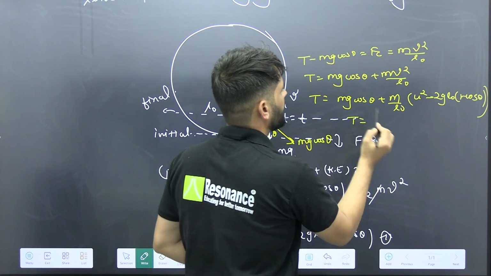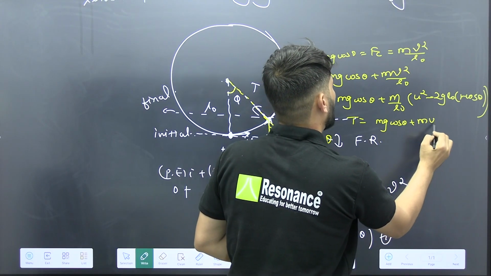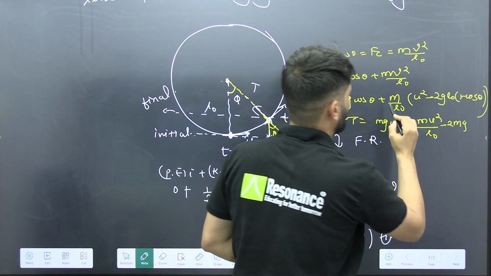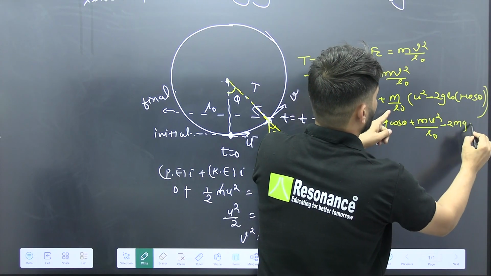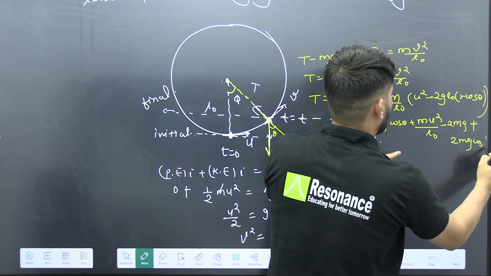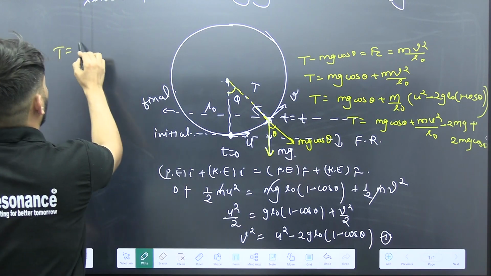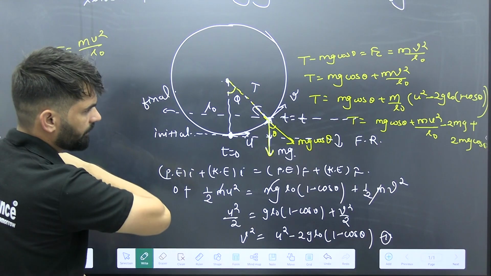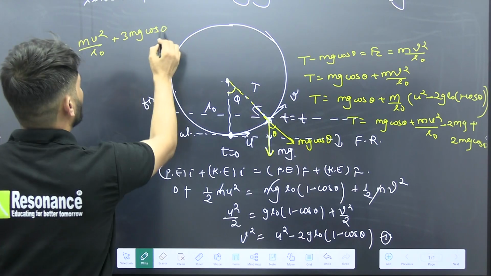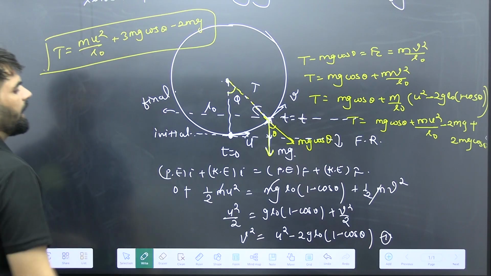So you will get mg cos theta plus m u square by L naught minus 2mg plus 2mg cos theta. So tension is equal to m u square by L naught plus 3mg cos theta minus 2mg, which is the tension in terms of the initial delivered velocity.